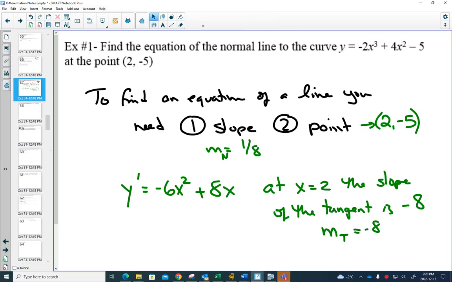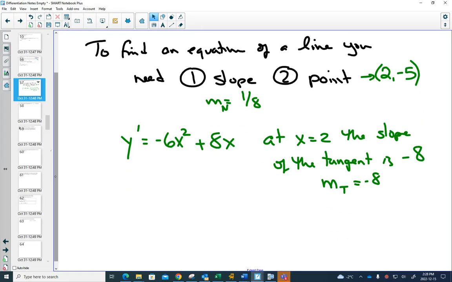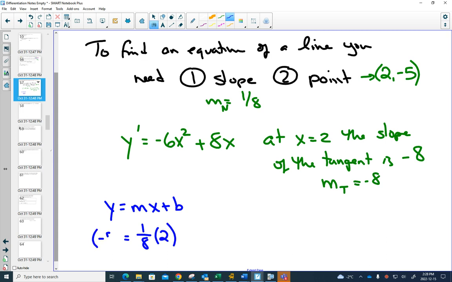Which one are you more comfortable with? Should I do them both so you see them both? Okay. I'm guessing more people are more comfortable with remembering y equals mx plus b. So you would plug in your slope of 1/8, your point, which when x is 2, y is -5, and that would allow you to solve for b.